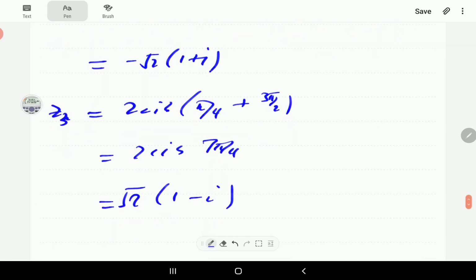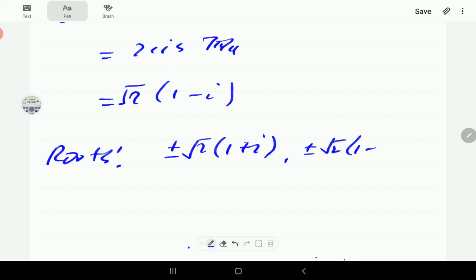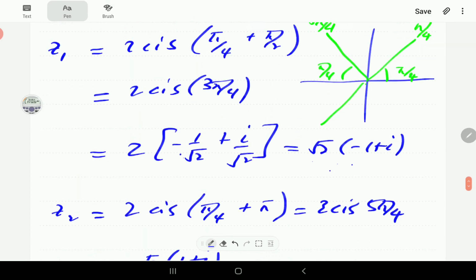So we can summarize. So the roots are going to be plus or minus root 2 into 1 plus i, and then plus or minus root 2 into 1 minus i. Okay.